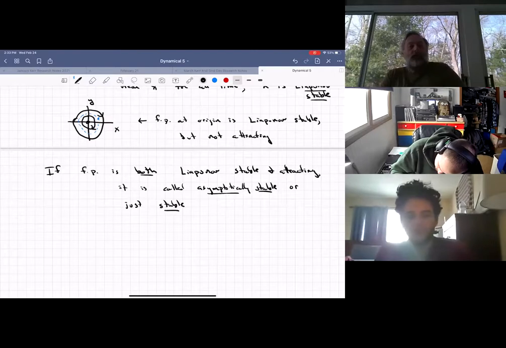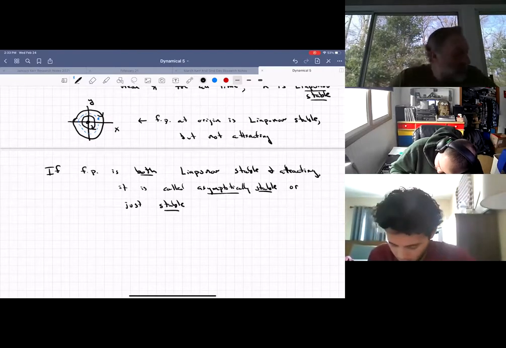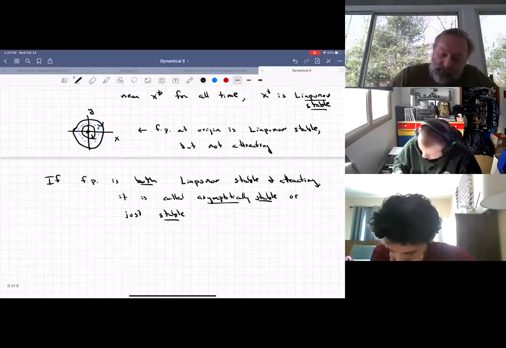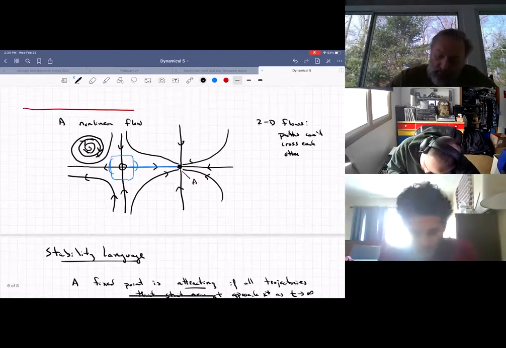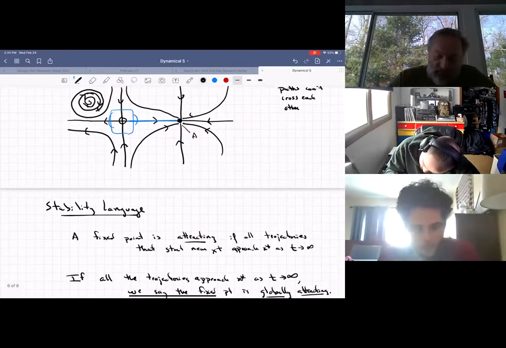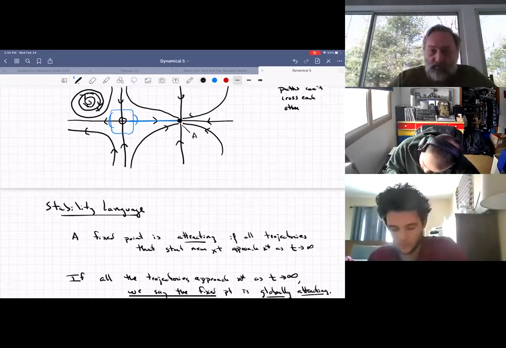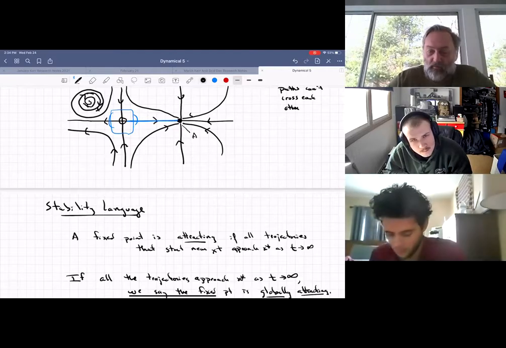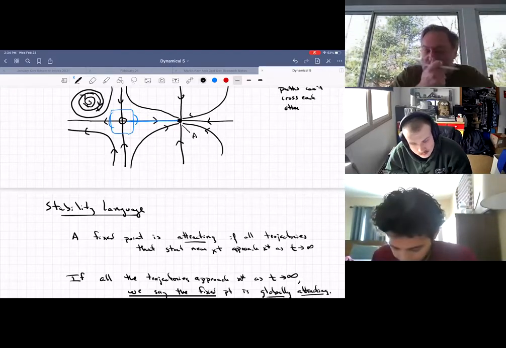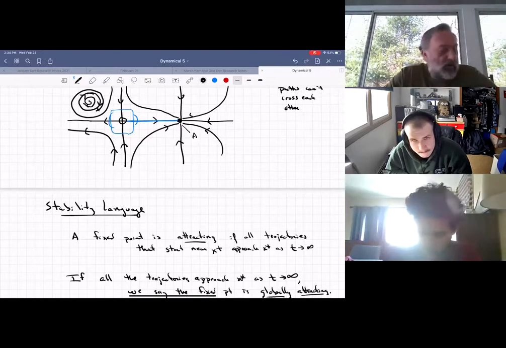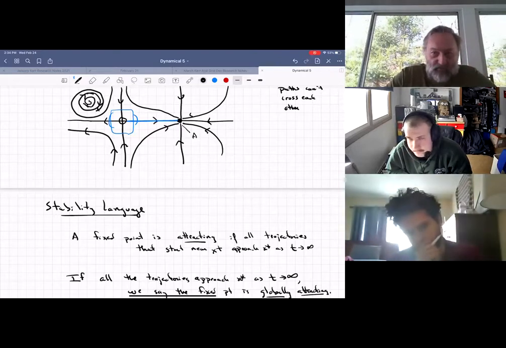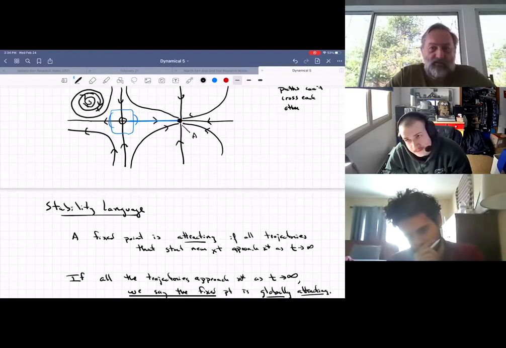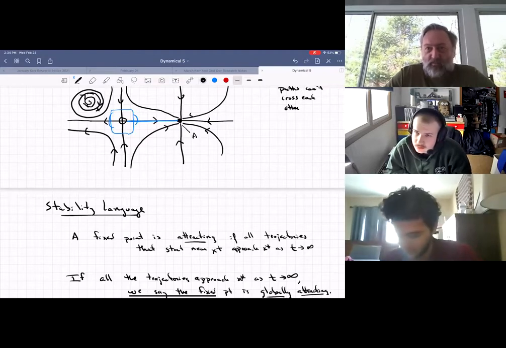So for instance, I would say that this fixed point over here on the right is stable in the nonlinear flow. So the point A as a fixed point is a stable fixed point. It is not globally attracting, but it is Lyapunov stable, and it is attracting. Therefore, it is a stable fixed point of the flow.